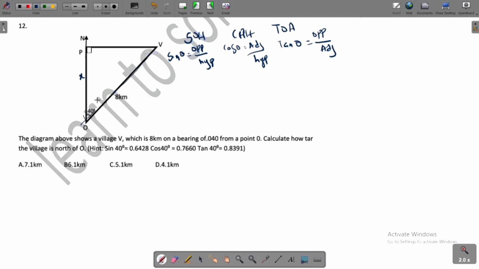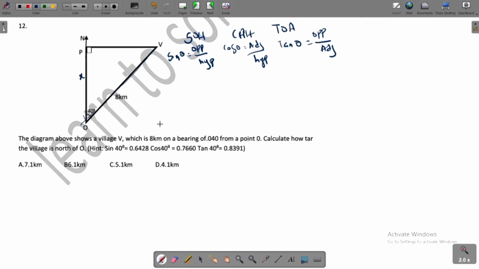Now put that aside. The next one and the most important one is how do you identify your adjacent and your opposite. To get the opposite, it's straightforward. The first thing is to identify the angle you are using for that particular question.